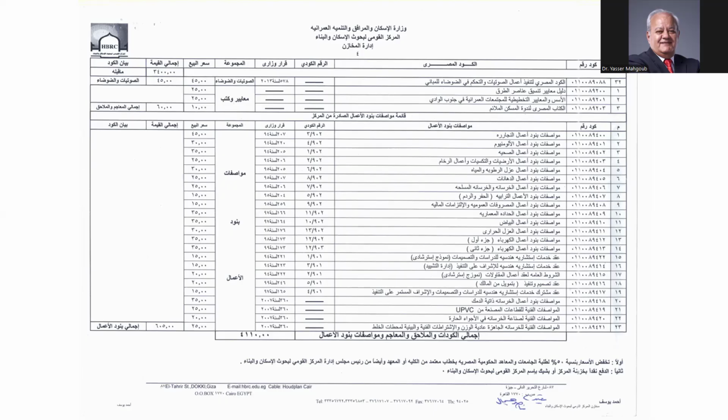But these are what we call general specs. Sometimes in your project, you might need special specs for your project only. But usually we have two documents. The first document is the general specs.